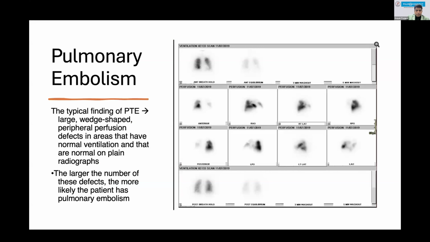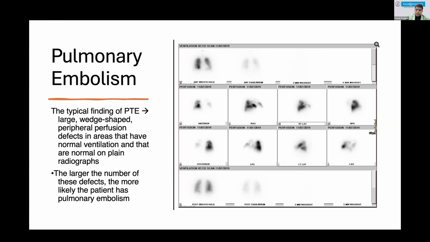So how do we read pulmonary embolism? This is a diagram of a ventilation perfusion scan. In the ventilation scan, we get the anterior breath hold, anterior equilibrium, 3-minute washout, and 5-minute washout. These are the 4 stages in which we do the ventilation scan, and the lower part shows the posterior breath hold, equilibrium, 3-minute washout, and 5-minute washout.